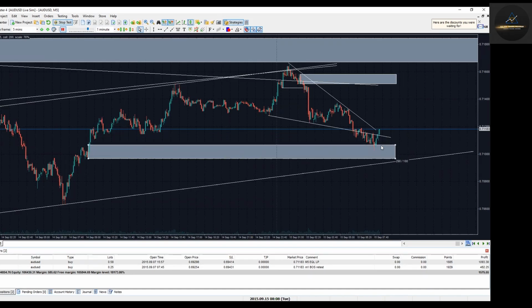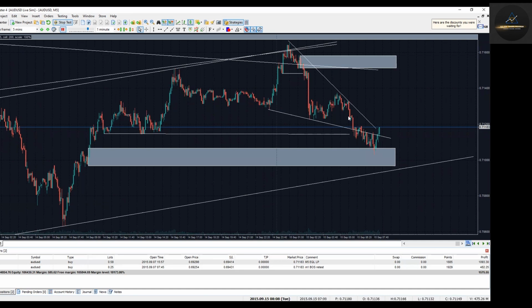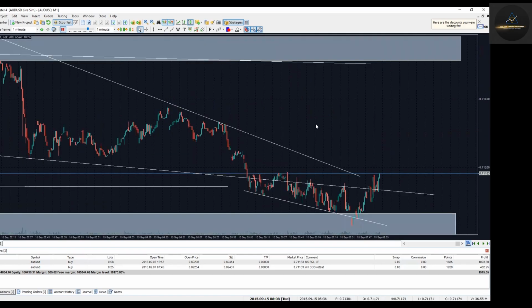Okay, price reacted from this imbalance. It's taken out these equal lows. The pattern wasn't too amazing, but we have this little one here. Very nice. Okay, I'm liking what I'm seeing.